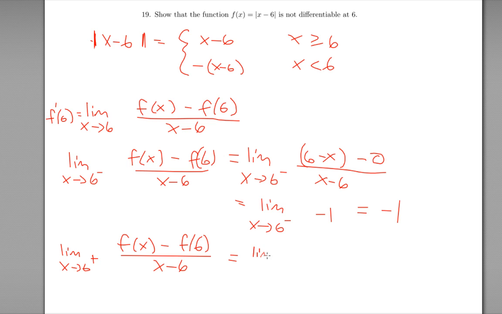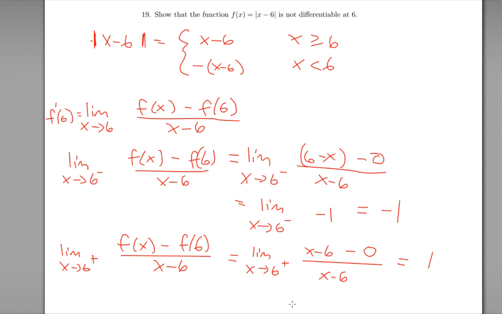So this is exactly equal to the limit as x goes to 6 from the right of x minus 6 minus the function at 6, and we've already figured out what the function at 6 is. It's 0. And this is divided by x minus 6. And if you do all that algebra, what you come up with is the limit is 1.